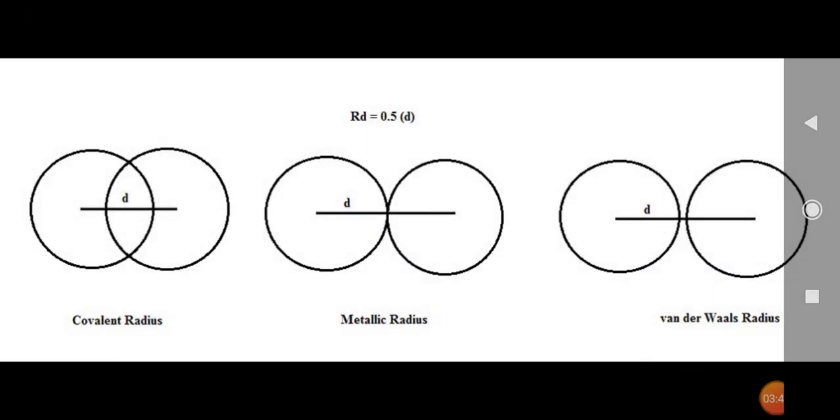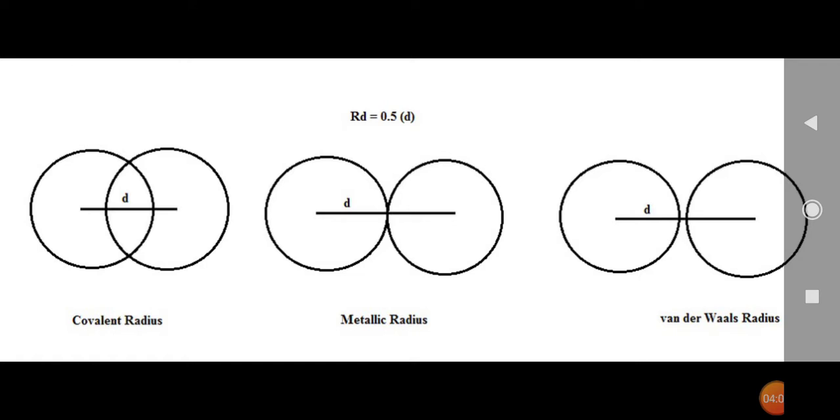Similarly, in the case of metallic radius, we measure half of the distance between the nuclei of two metal atoms. In the case of van der Waals radius, we measure the distance by taking the noble gas in the solid form.